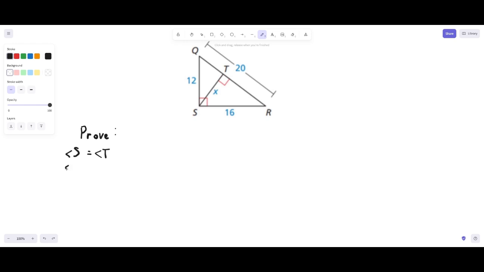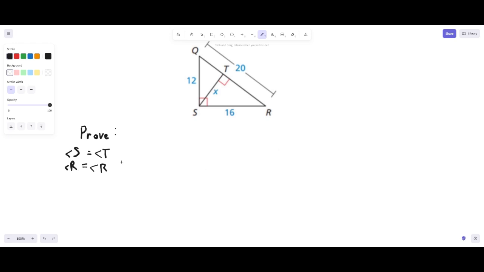Well, I'm going to say angle R is equal to angle R. And all this is saying is that this R value can be used by multiple triangles because you could use it in this case, but you can also use it in this case as well. See, the R is still being used. So therefore, all we say is that angle R equals angle R because they are belonging to different triangles.